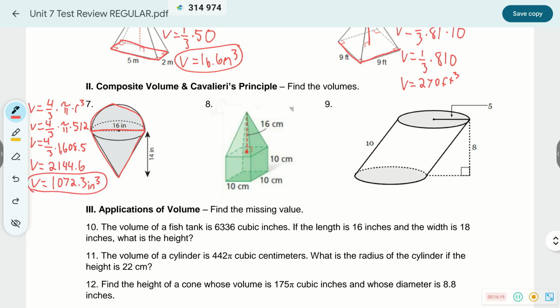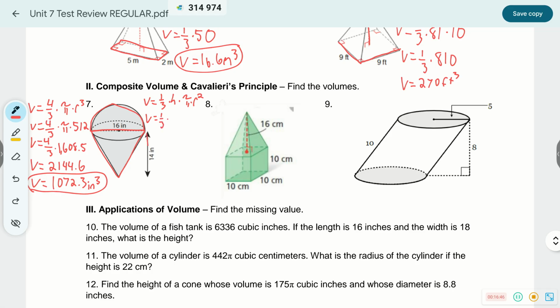Now we have to find the volume of the cone. What's our formula for a cone? Volume equals 1/3 times the height times pi times radius squared. Volume equals 1/3 times, what's our height? 14.